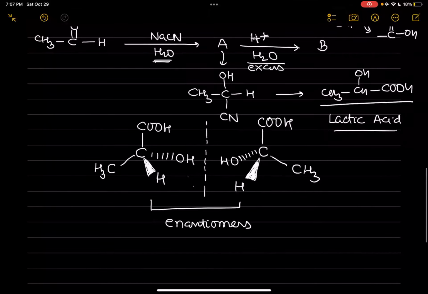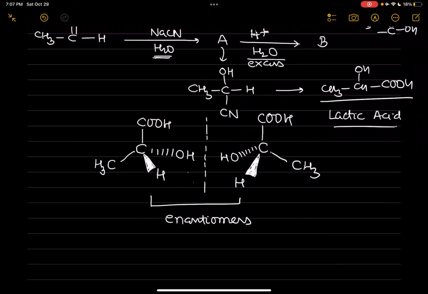The carbon was chiral. It was connected to four different groups, and that's why the mirror image generated also had four different groups.